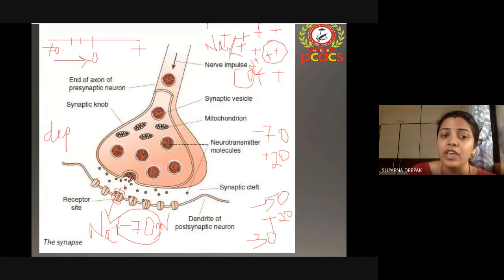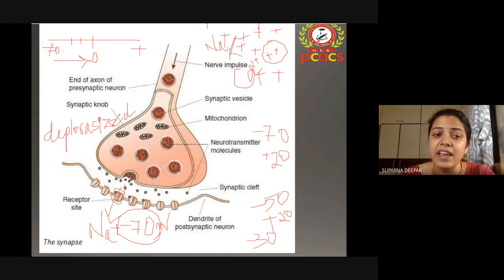Because of the binding of your neurotransmitters, the ion channels are going to open up. Because of the opening of your ion channels, these potassium and sodium ions will rush inside the dendrites, or inside the other neuron, and it will lead to the depolarization of your neuron.